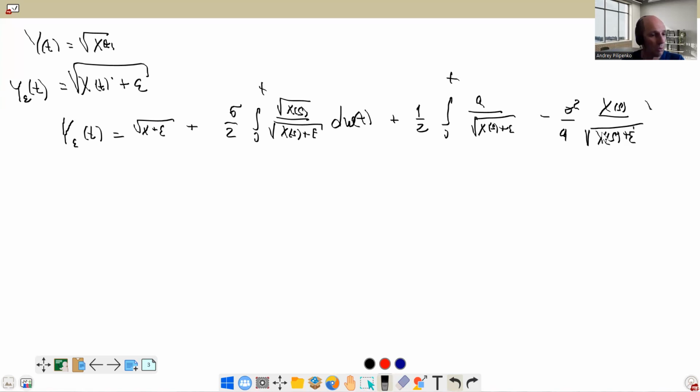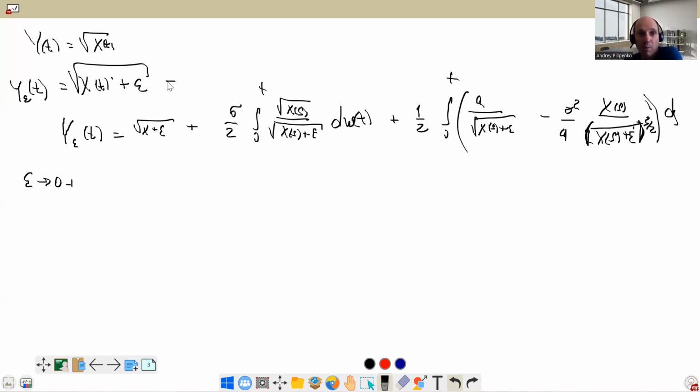Oh, no, excuse me. The denominator is to the power 3 over 2, ds. And now let us send epsilon to 0.